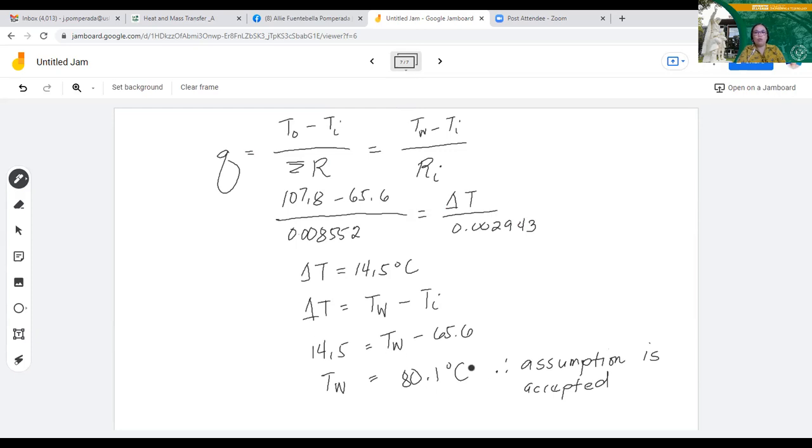So there is no need for us to worry about the wall temperature anymore, because what we got here is near the one that we assumed. With this already checked, we can now proceed to letter C. So we will solve for the heat transfer rate. Anyway, it's only substitution because we have already defined everything here.